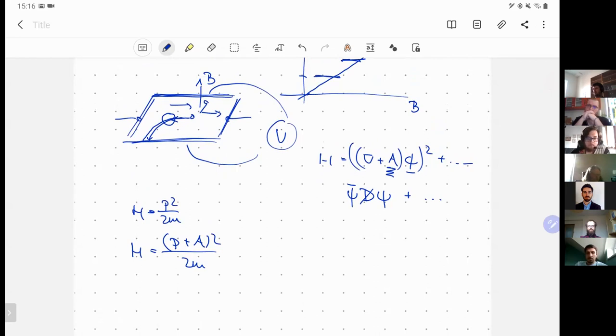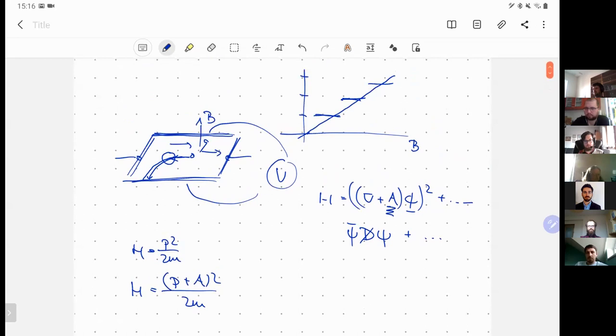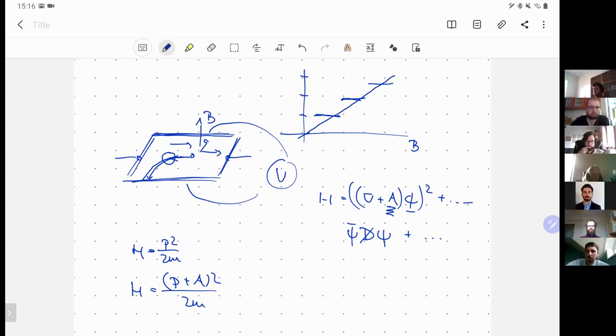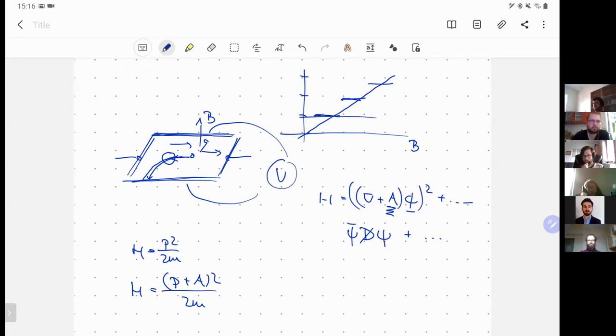But what I mean by this would be a two-dimensional Hamiltonian in the presence of the magnetic field. And you'll learn that there are these infinitely degenerate lines in the spectrum of this Hamiltonian, and they will correspond somehow to these lines.